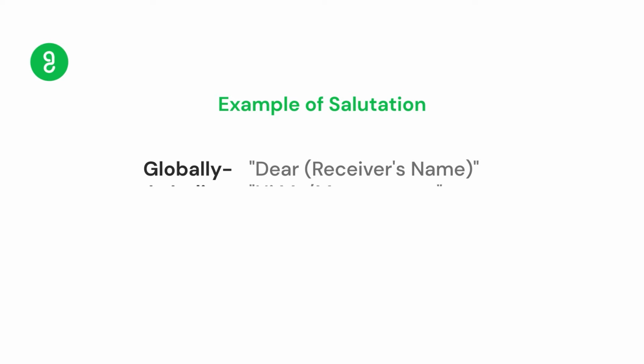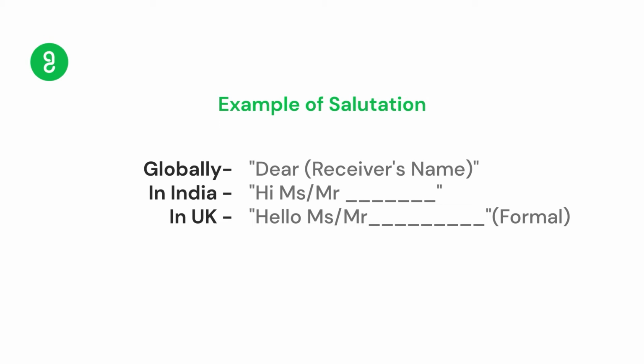In India, we generally start by saying Hi followed by their name. When you don't know the person, then you say either Miss or Mr. and then their name. But when you know them and they are part of your team, you can type their name straight away. In the UK, they are pretty formal and they always start with Hello followed by their name.